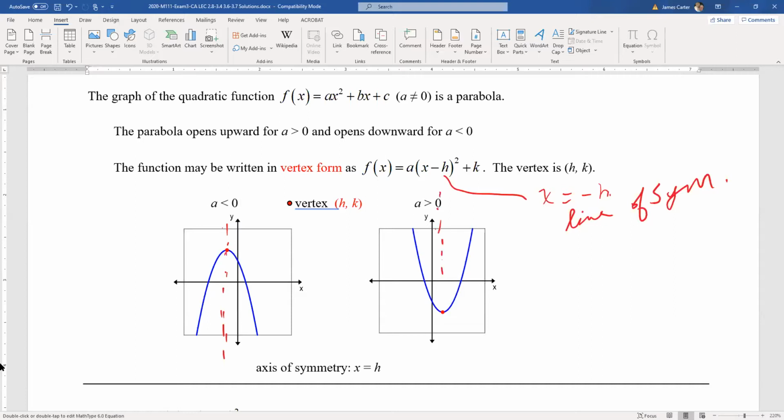This case, like that down through the center. Now, if you take this value, the opposite of sign, and substitute it into the original equation, then you can get the y value, which is the y value of the vertex.